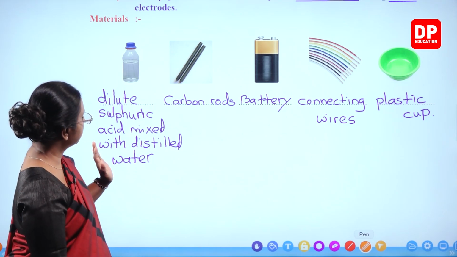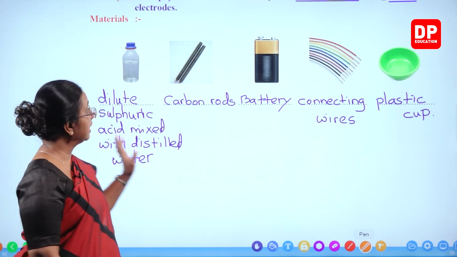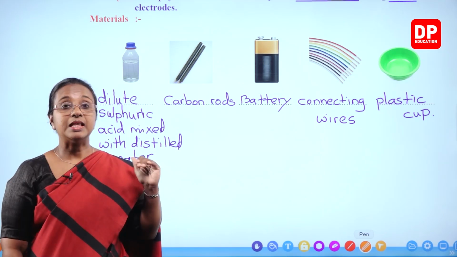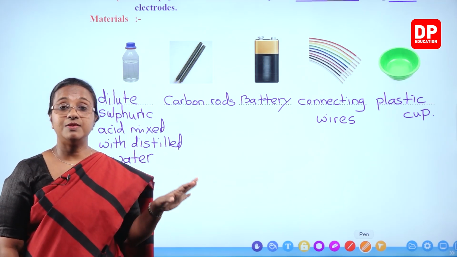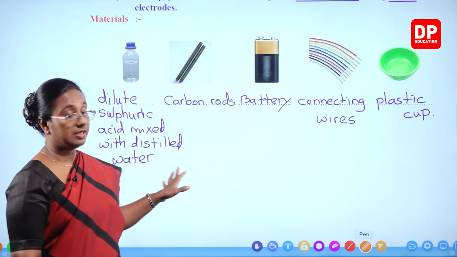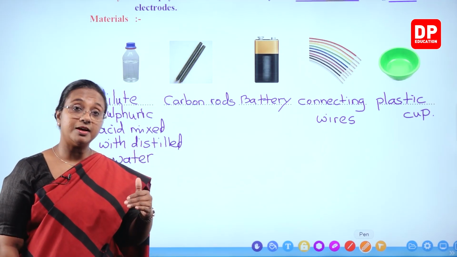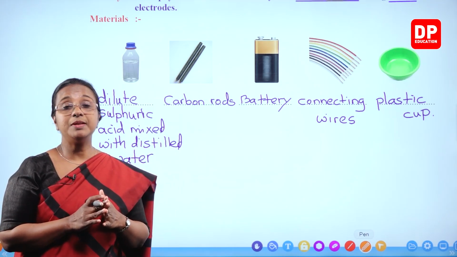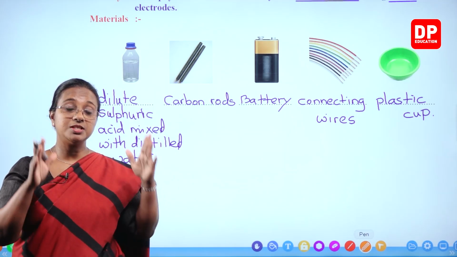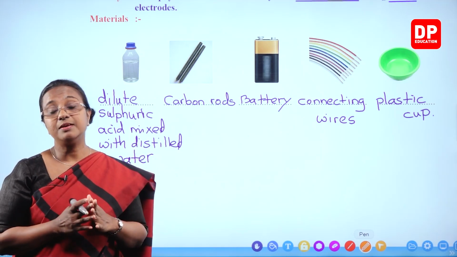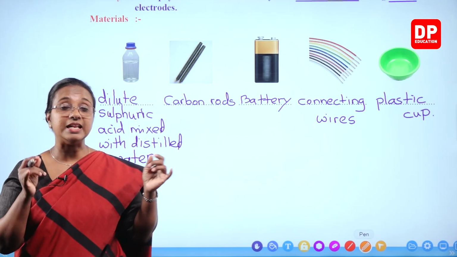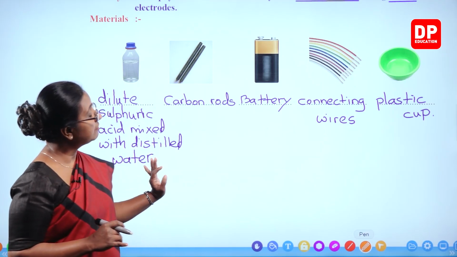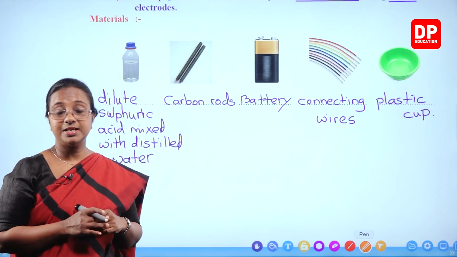Now this process is also electrolysis of acidulated water. Only thing is the electrolytic cell that we are going to use for this activity is going to be different from the previous activities. In all the previous activities, you can remember students, we had the beaker. In the beaker, we had the electrolyte solution and into that we dip the electrodes. But here, we have the plastic cup.